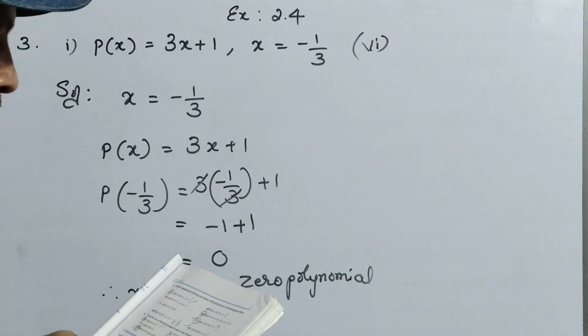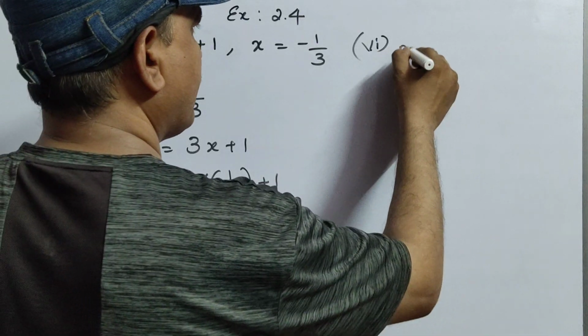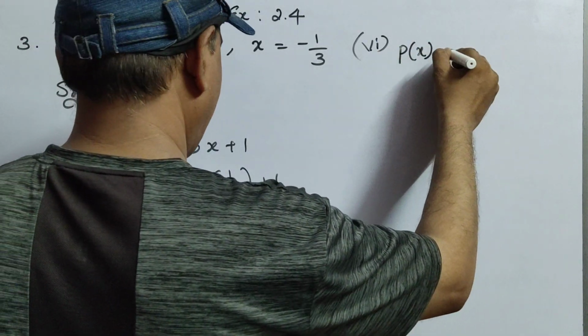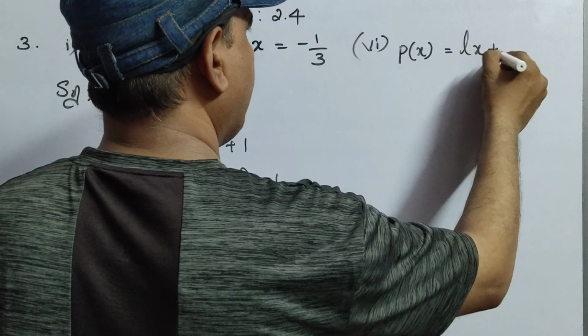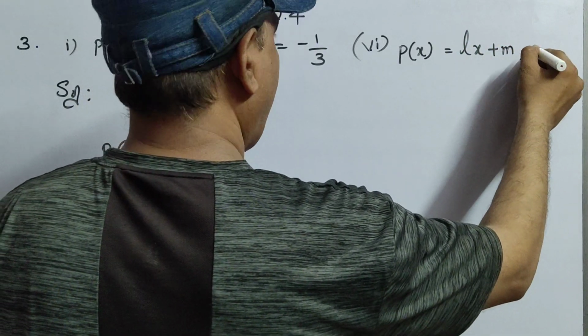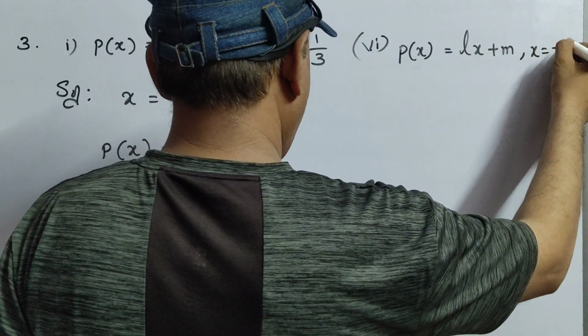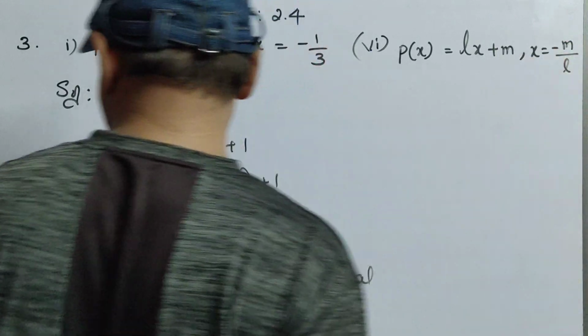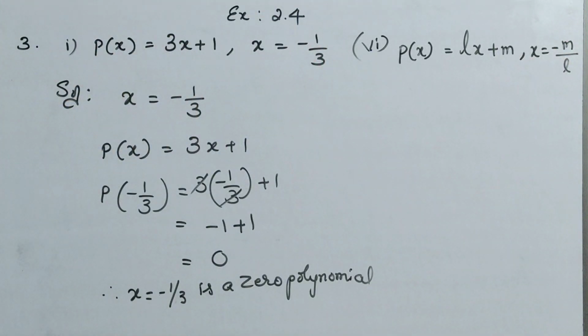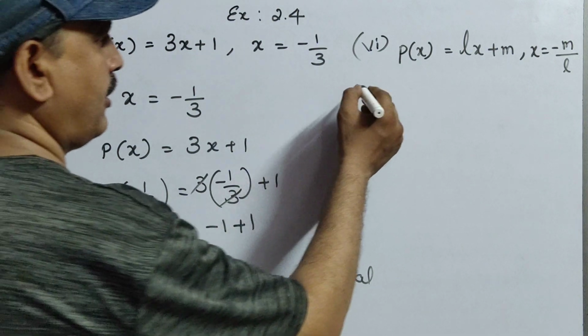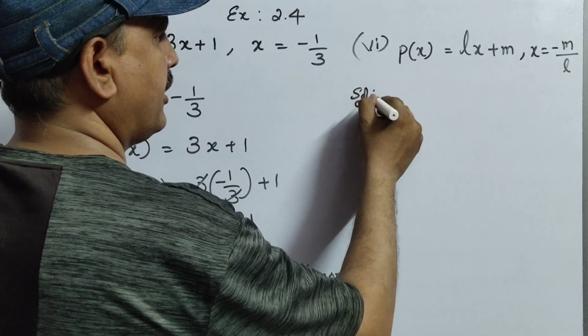The sixth question is P of x equals Lx plus m, where x equals minus m by L. Okay. Now, see the solution, children.